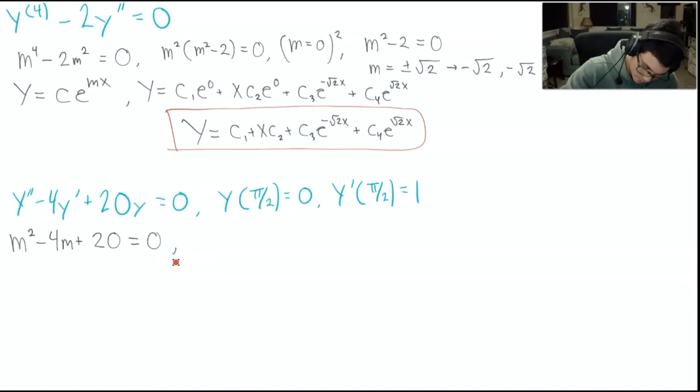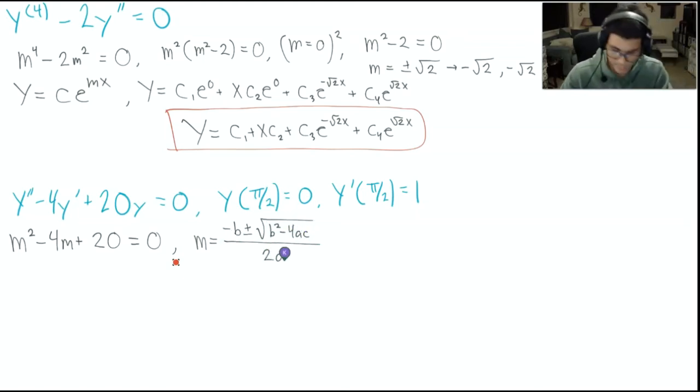So m is equal to negative b plus or minus square root of b squared minus 4ac over 2a. Okay, and now we're just going to fill in what these variables are. So b is going to be negative 4.